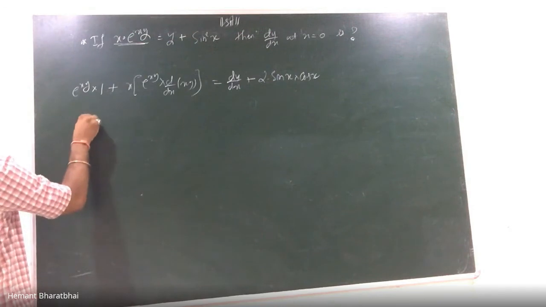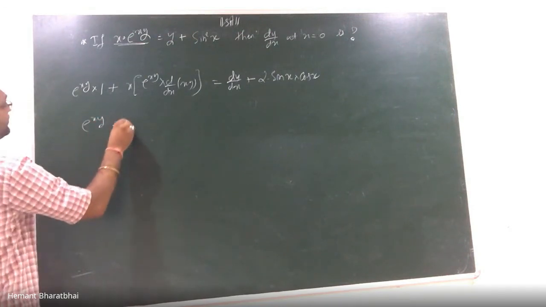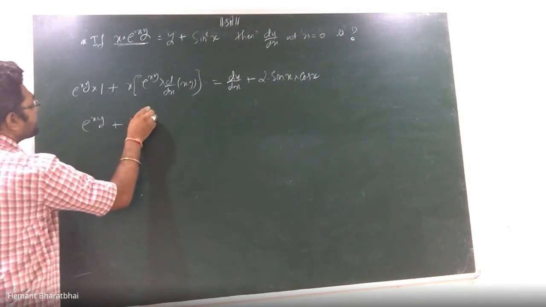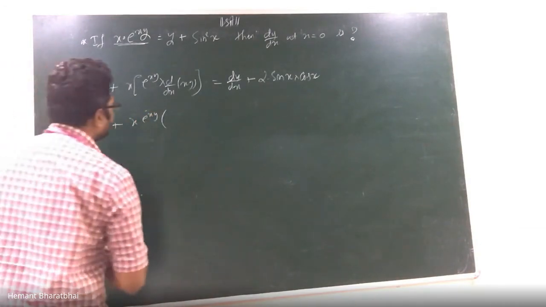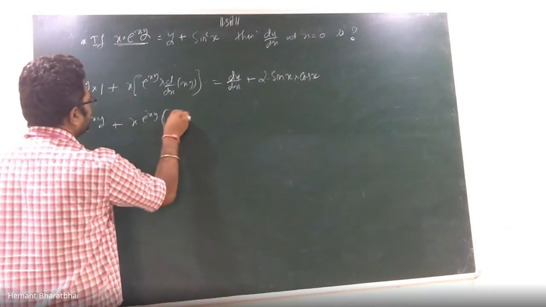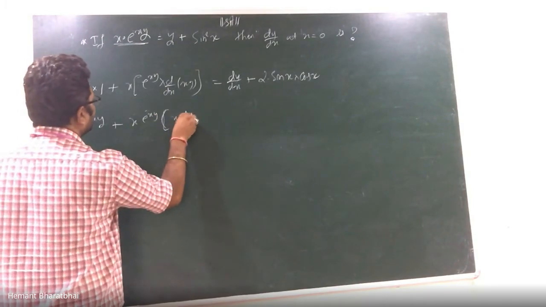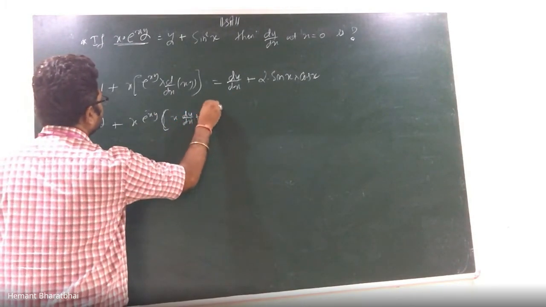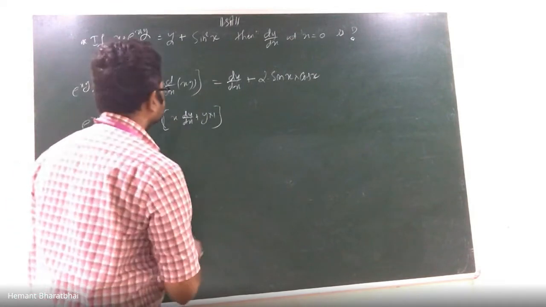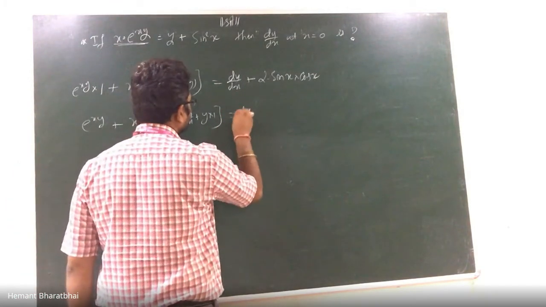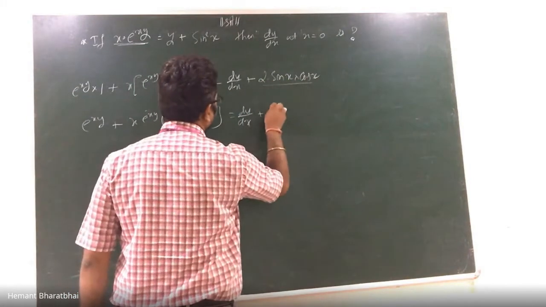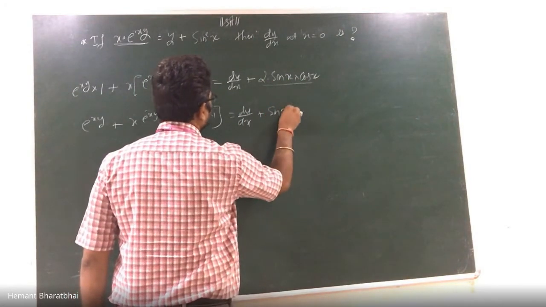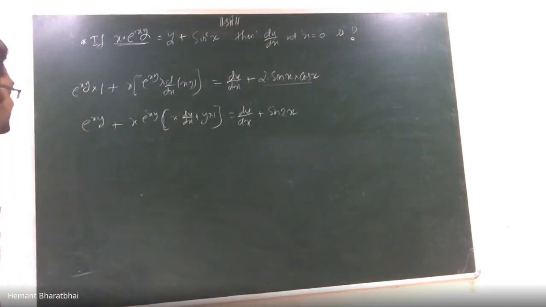So here I get e raised to xy plus x into e raised to xy into derivative of xy will be x into derivative of y plus y into derivative of x is equal to dy by dx plus 2 times sin x into cos x will be sin 2x.